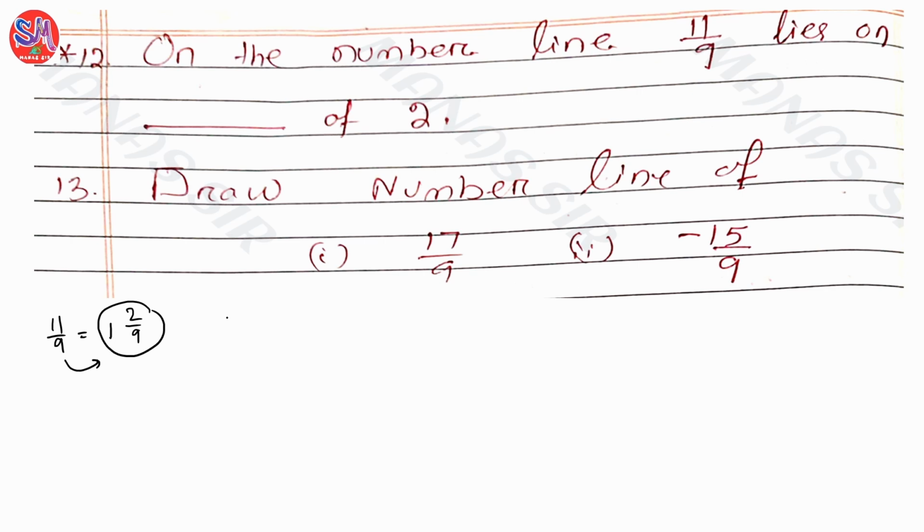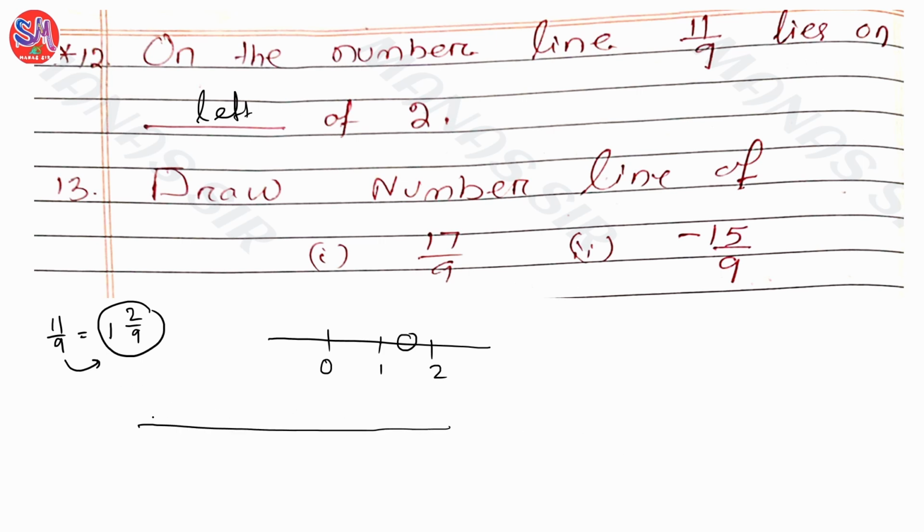Now tell me, if you draw the number line, here is 0, then 1, then 2. Yes or no? Now this 1 whole 2 by 9 will lie between 1 and 2. Yes or no? Means this number lies to the left of the 2. Or you can simply solve on the number line.